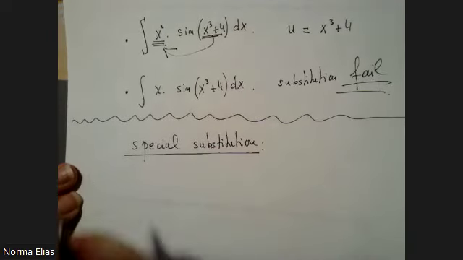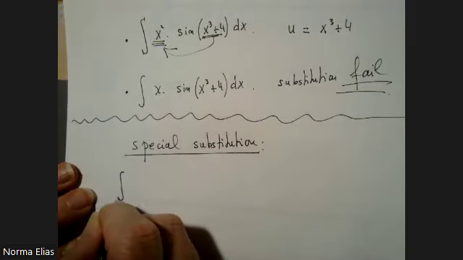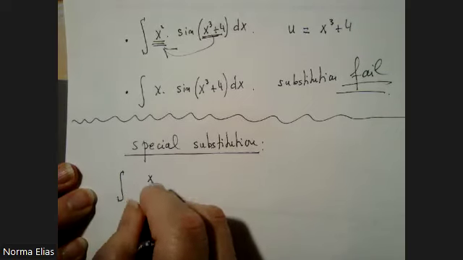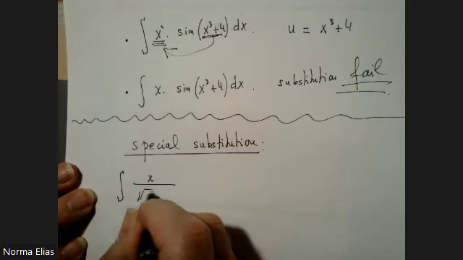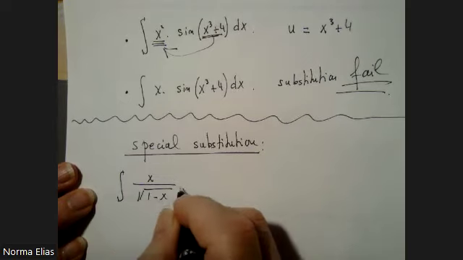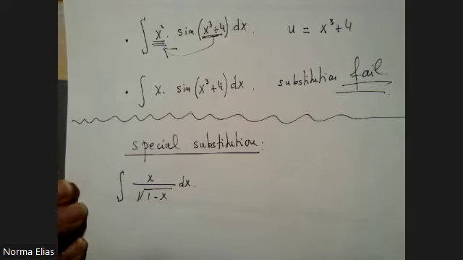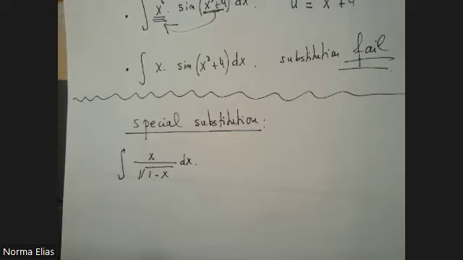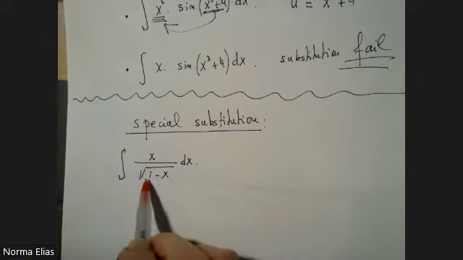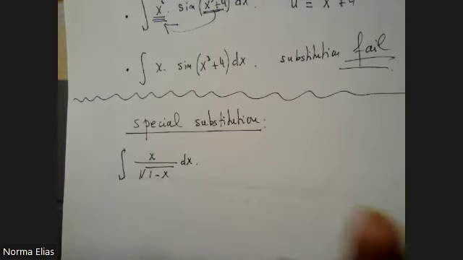My question is, evaluate the following integral: x over the square root of 1 minus x dx. It looks basically impossible to proceed, because even if I put u equal 1 minus x, its derivative is minus 1, which really doesn't work.